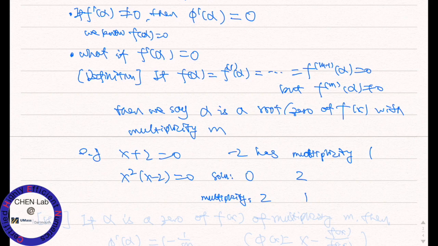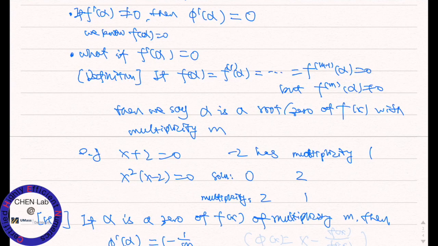So relating with what we're doing, again, a homework which I will type up is that if alpha is a 0 of f of x of multiplicity m, then phi prime alpha is equal to 1 minus 1 over m.